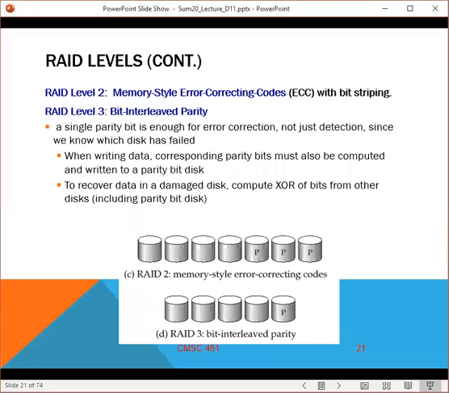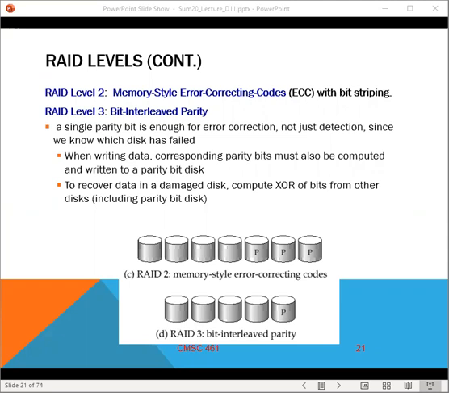And you store parity checking bits on some of the drives. And that way, if you lose a drive, you can use the parity bits for that drive and recover the data.